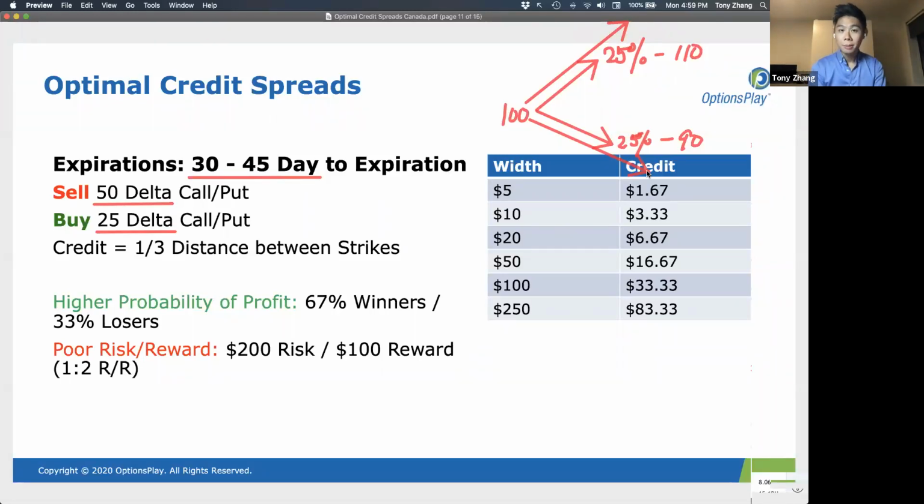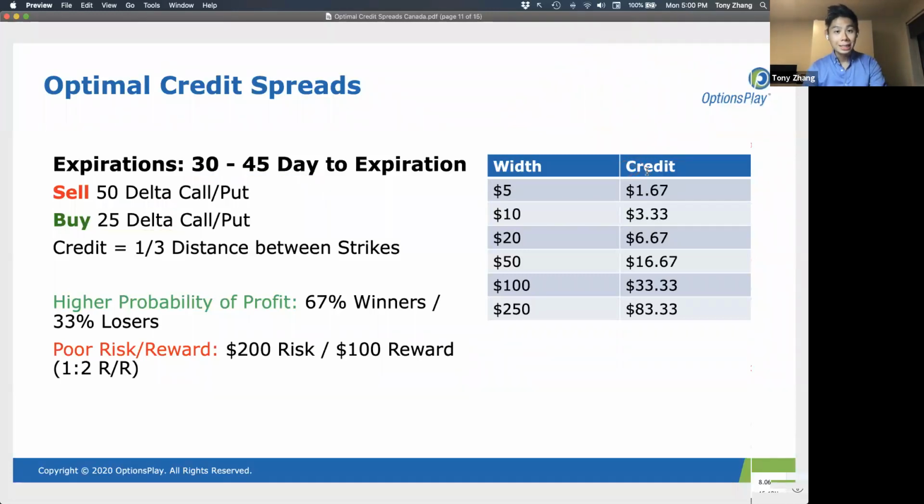And when you use this type of method to select a strike price, what you're going to find is that the credit that you receive is usually going to be roughly 1/3 of the distance between the two strikes. So in this example before, when I was talking about a 100, let's say I sold the $100 put and I bought the $90 put option.